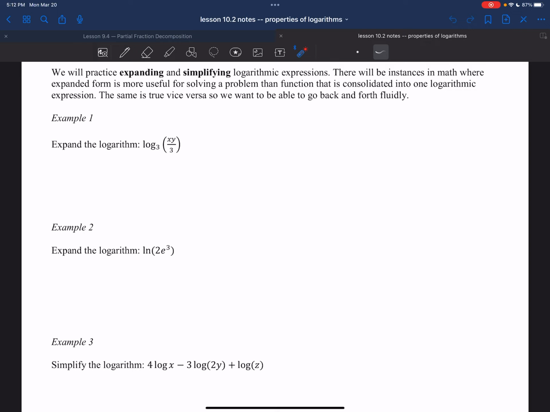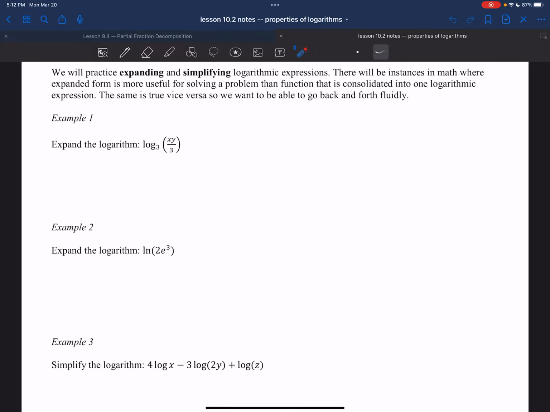And that can come into play in calculus. Maybe when you are taking an integral of something, you might like to expand the logarithm because it breaks it apart into easier pieces. So expanded form and fully simplified both have their uses, and we're just going to practice going back and forth between the two.